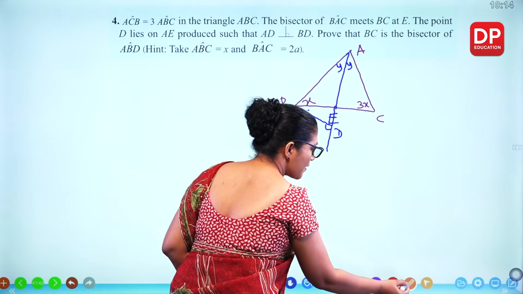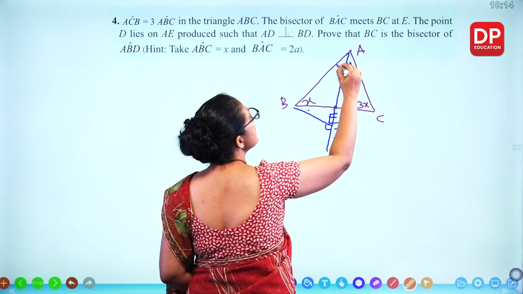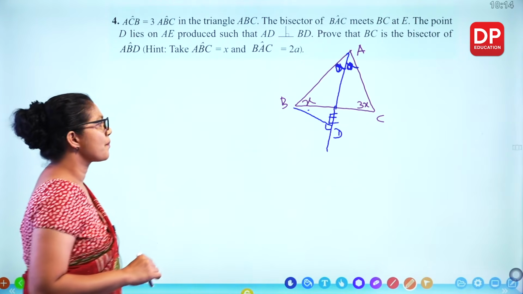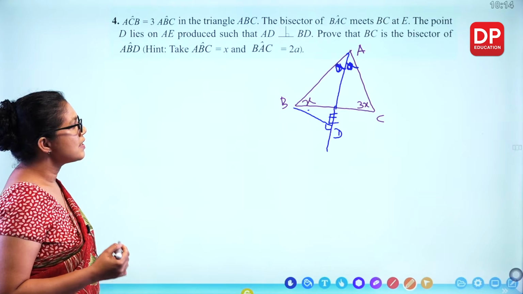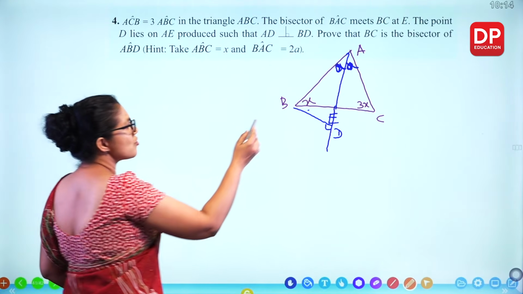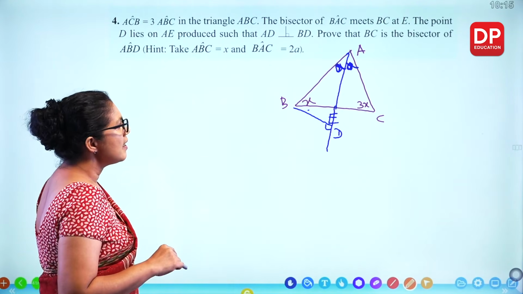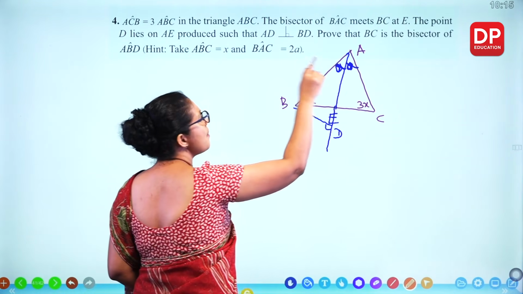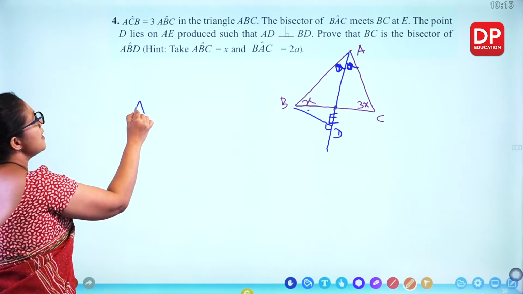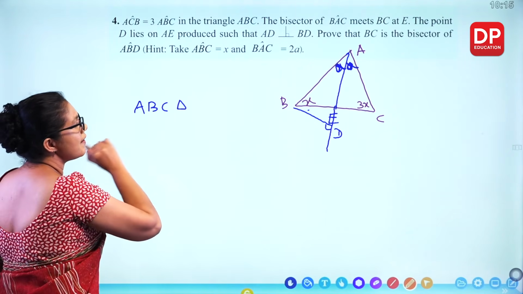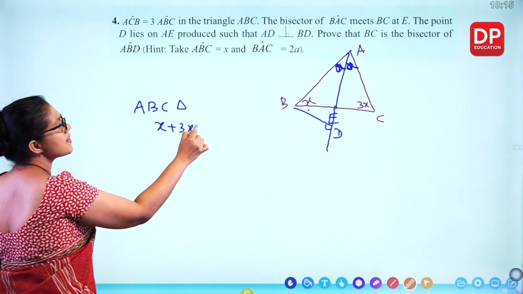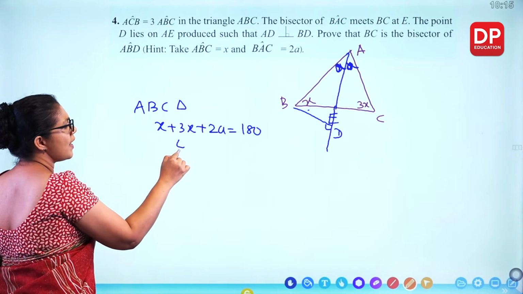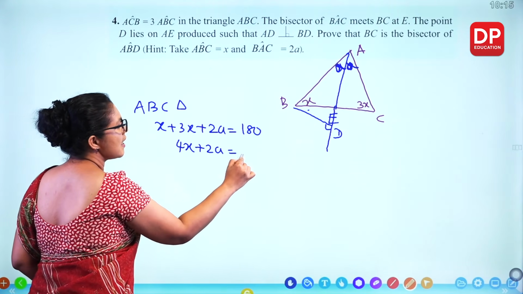So here they have given take as A. So I'll take this one is A, not Y. Okay, so we'll try to use A and X to show that this is also X. So here we can find out the relationship between X and A using the triangle ABC. So in triangle ABC, we can write X plus 3X plus 2A is equal to 180. Then this is 4X plus 2A equals 180.